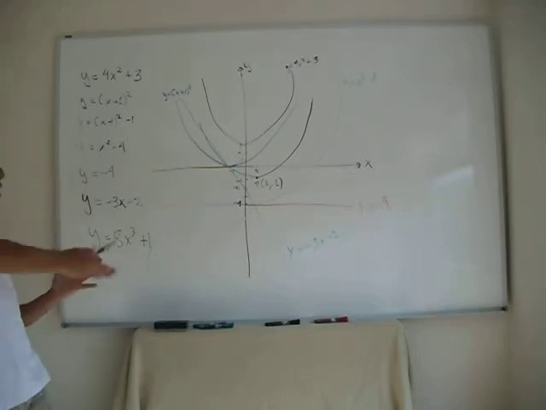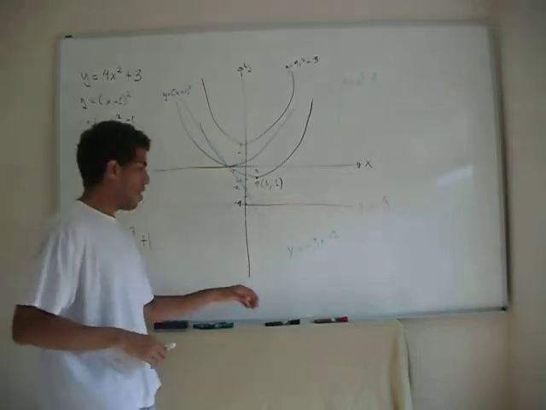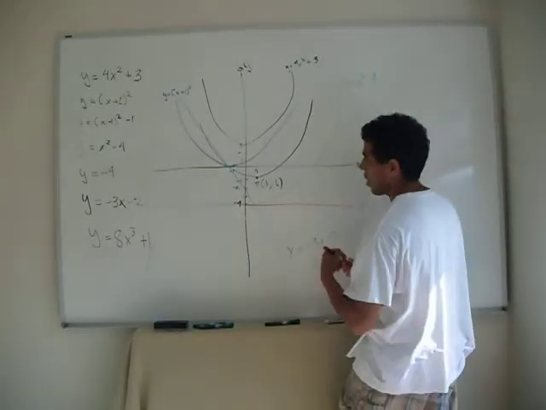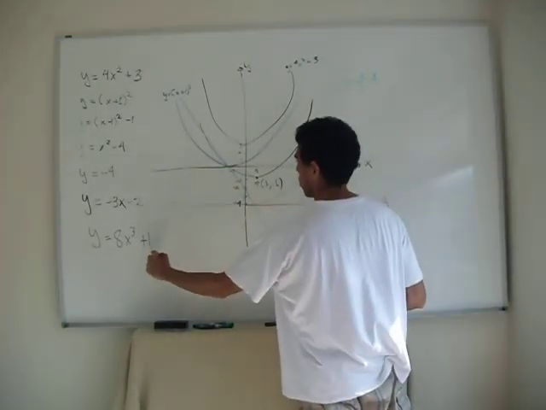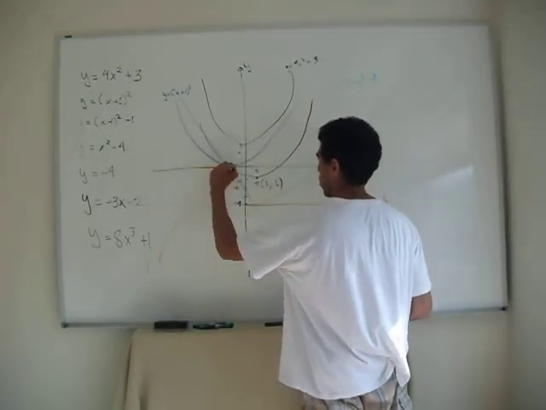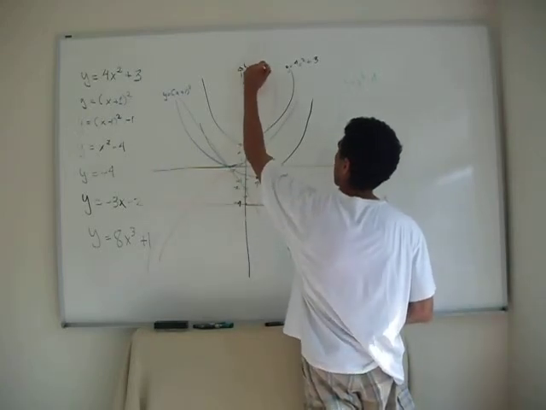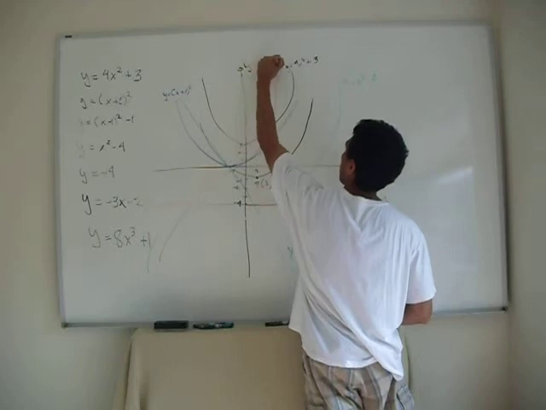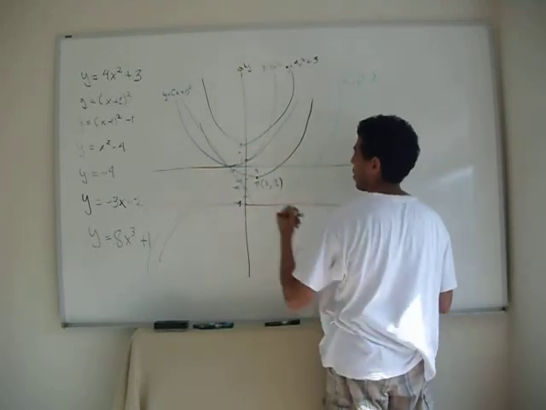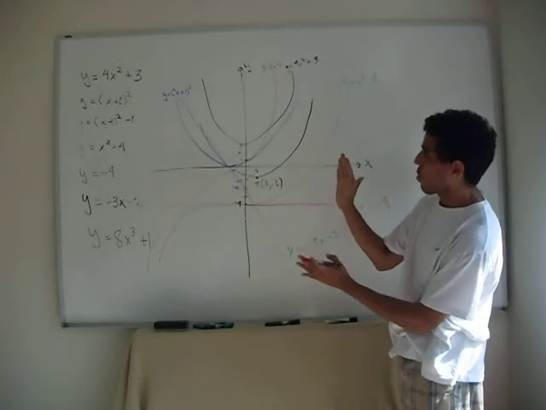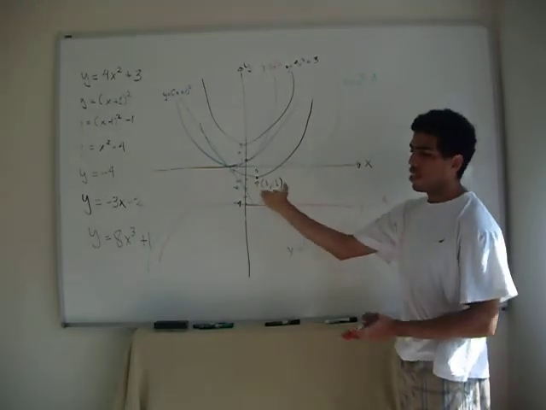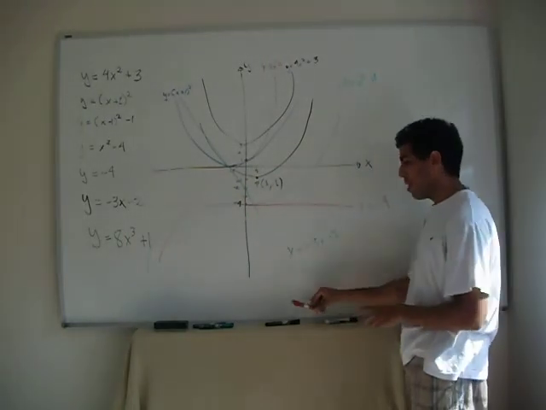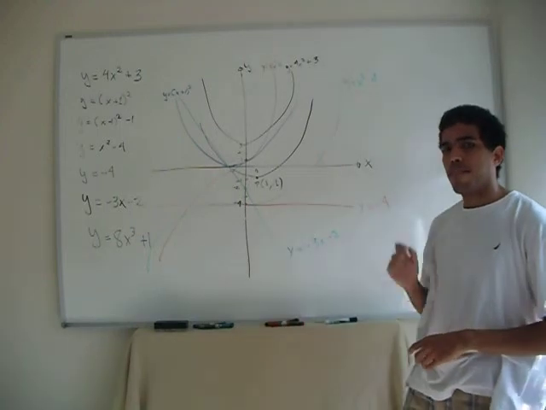Okay? So it grows quicker than the regular x cubed. And that would mean that the chart would look a little bit like this. y equals 8x cubed plus 1. And as you can see, it cuts right here at 1. It's way more aggressive than the regular x cubed in green that you can see right here. Okay? We're going to practice a little bit more in another video.